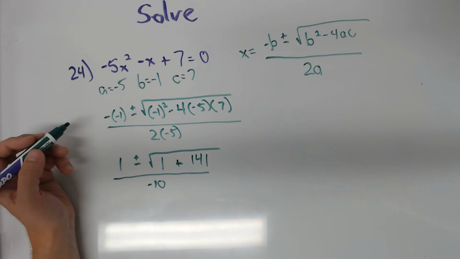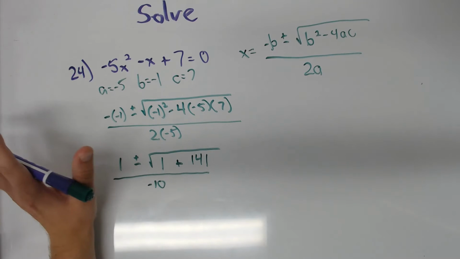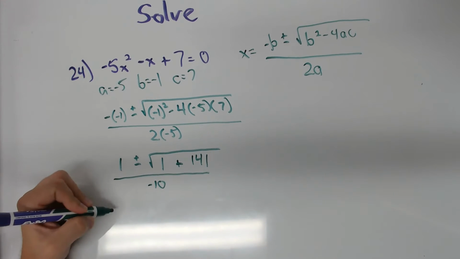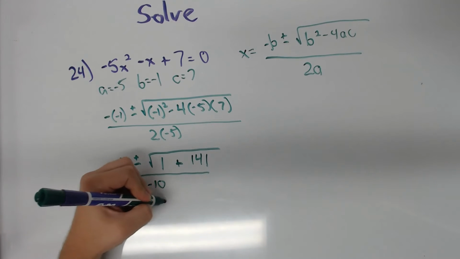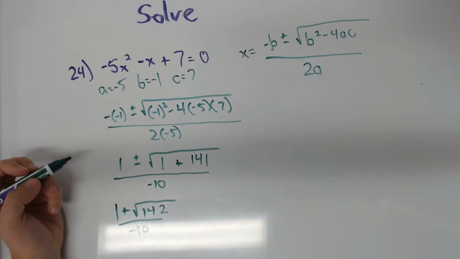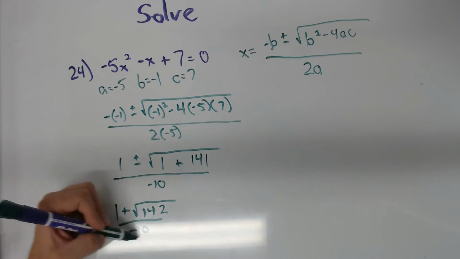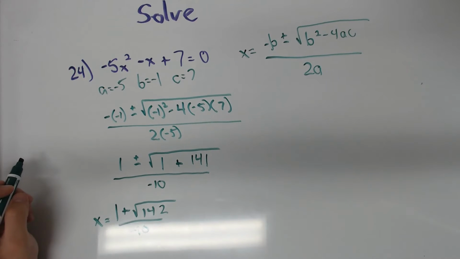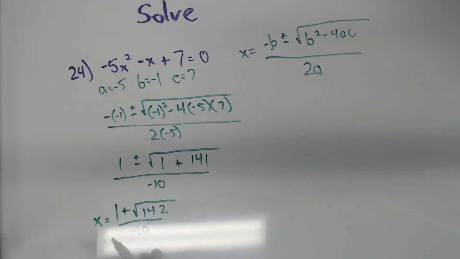All right, now, because we're not going to be square rooting a perfect square, 1 plus the square root of 142 over negative 10 is an okay answer. It's an exact answer. That means we didn't get decimals because we weren't going to get clean decimals.